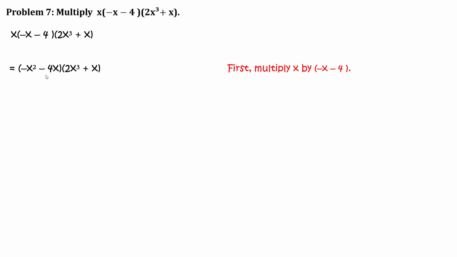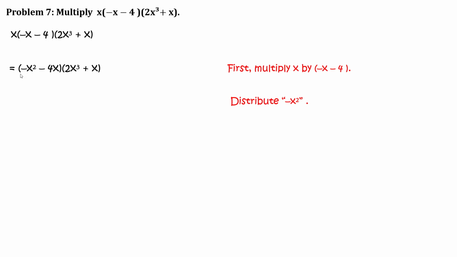The reason I did that is because I still have to multiply whatever I got by multiplying the first two things by the third factor here, 2x cubed plus x. So now I have to multiply negative x squared minus 4x by 2x cubed plus x.